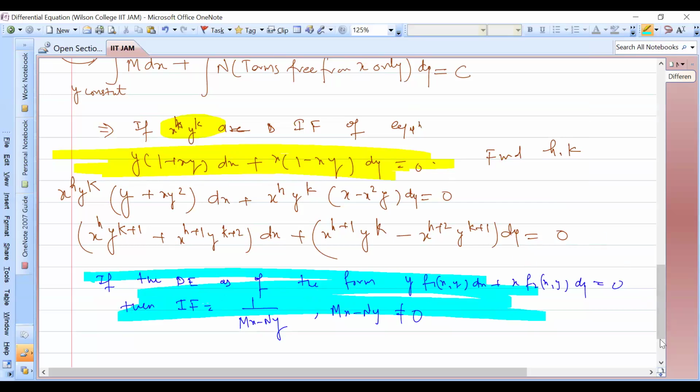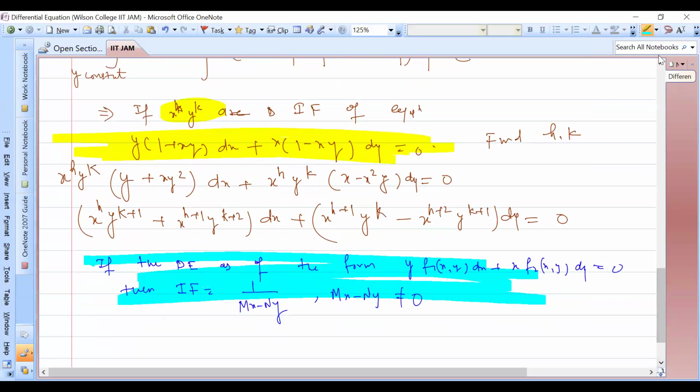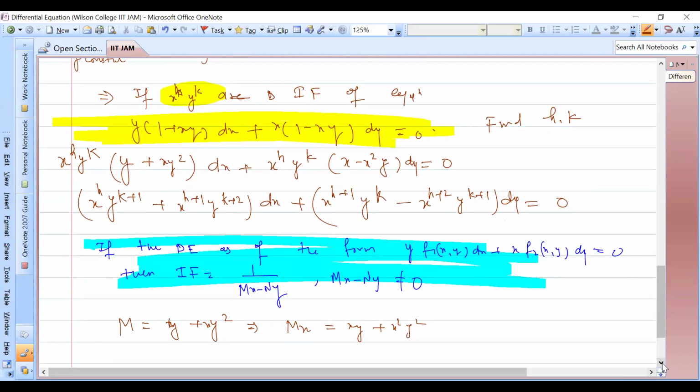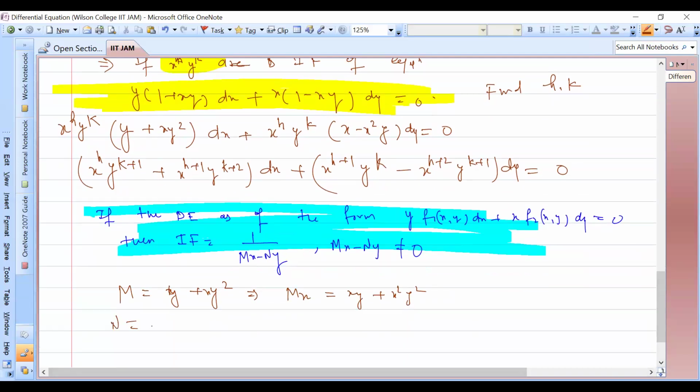So instead of doing all this process, we have less time, so we can directly apply it here. M is y plus xy square, so Mx equals xy plus x square y square. Here N equals x minus x square y, so Ny equals xy minus x square y square.